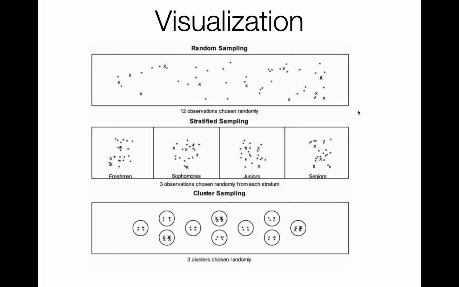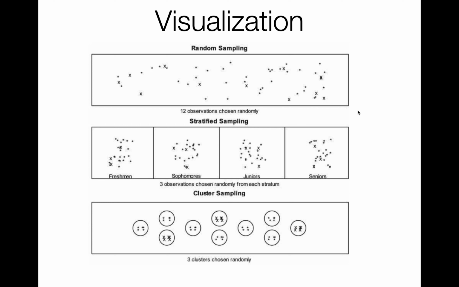Okay, so in each case, I'm randomly selecting 12 people. Okay, so in the first case, in the random sampling case, I just randomly selected 12 people from all people in the population. In stratified random sampling, I split you up into freshman, sophomore, junior, and senior. Okay, and I selected 3 from each group randomly. So I performed random sampling inside each strata, and so I still have my 12 people, but they came from a different way.